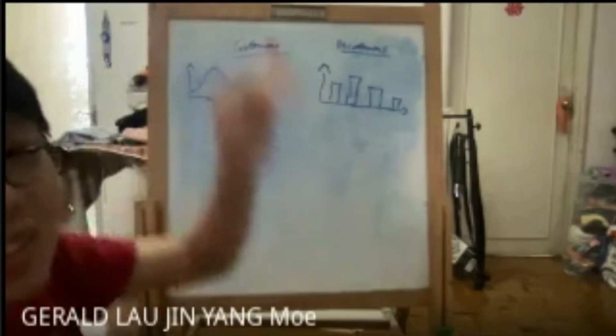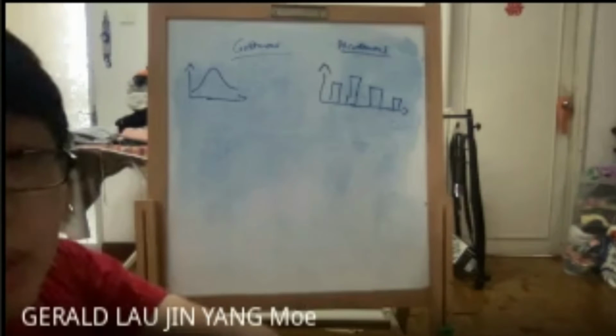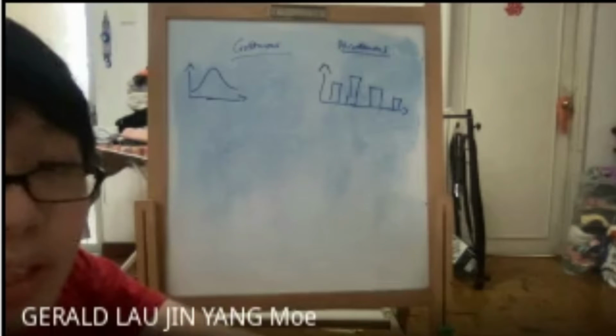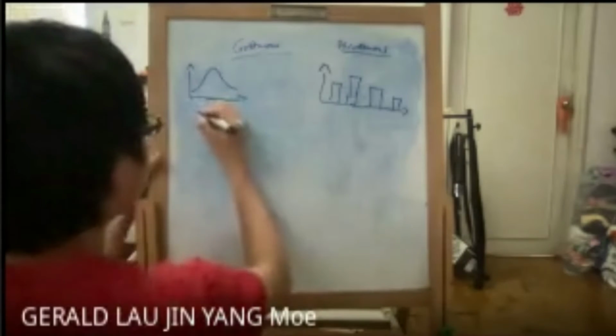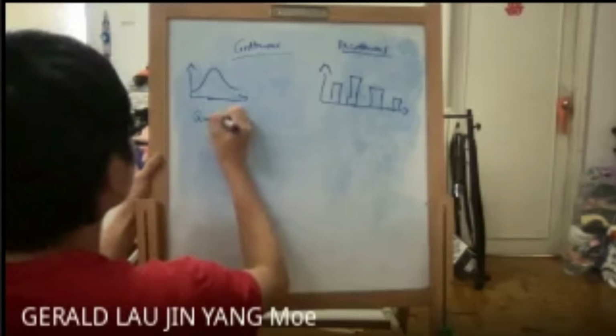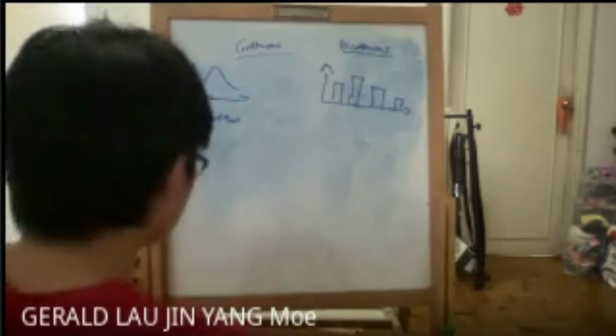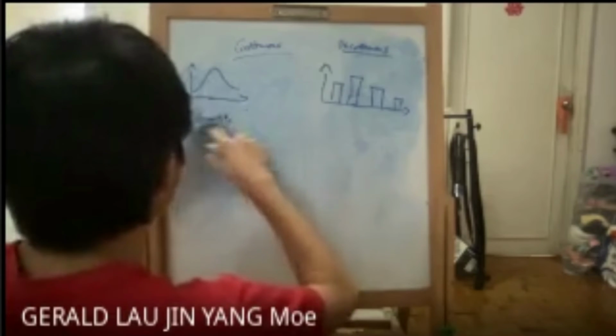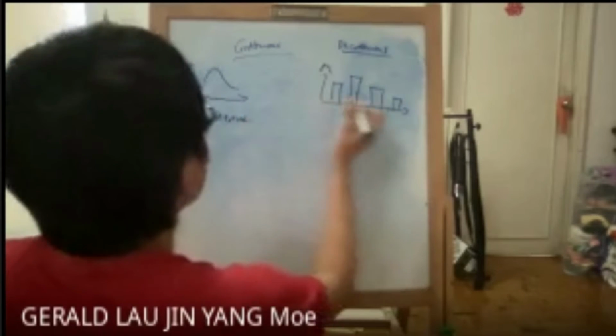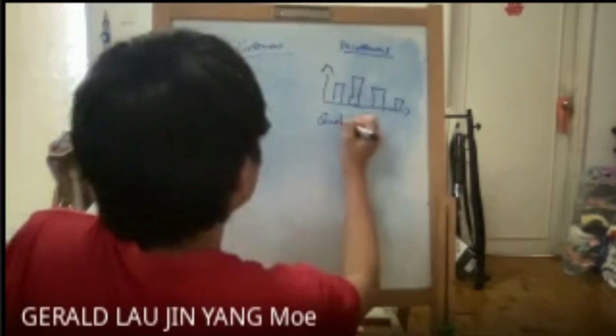Understand? Okay. So because of this, continuous variation we call quantitative. For discontinuous, qualitative.